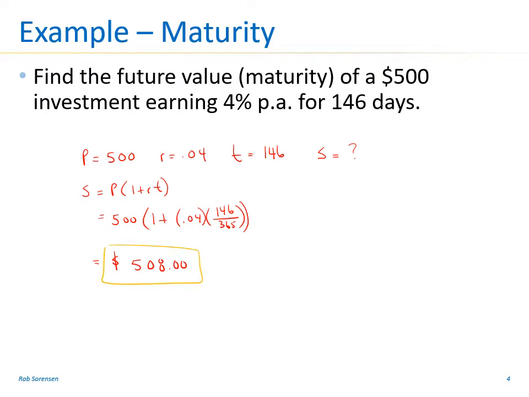So there we go. That is the original $500 plus $8 interest, essentially. Now, if I had done I equals PRT, worked all that out, I would have got $8. I could have then gone and added those two together, get 508. But this is just a little bit quicker, all in one step. And it also leads to some further formulas we're going to use down the road. So I'm going to really encourage you to start working with this one now.